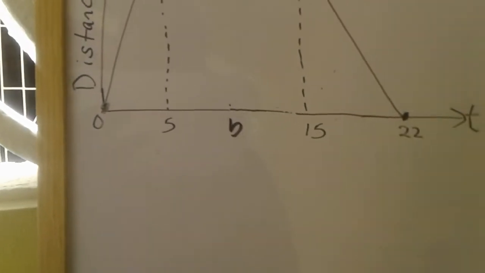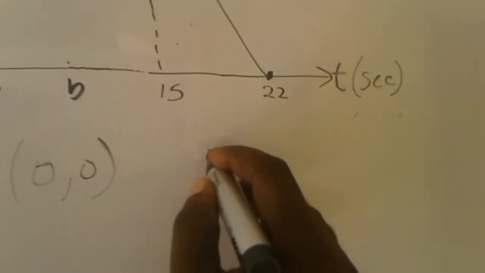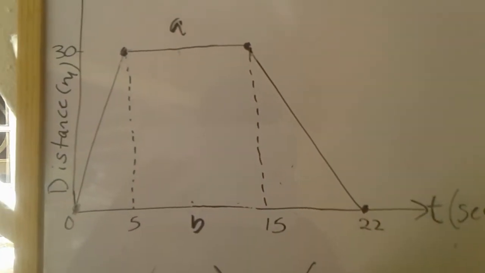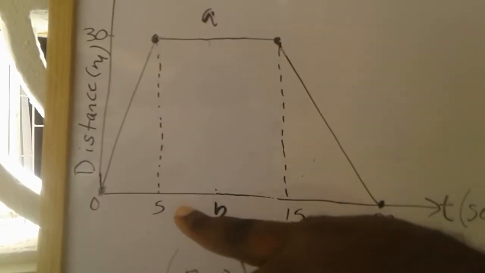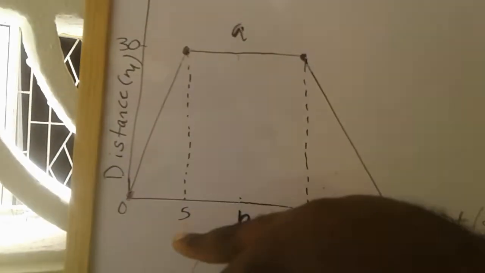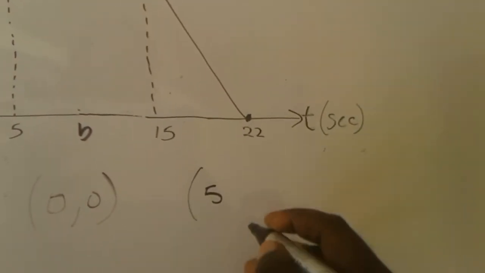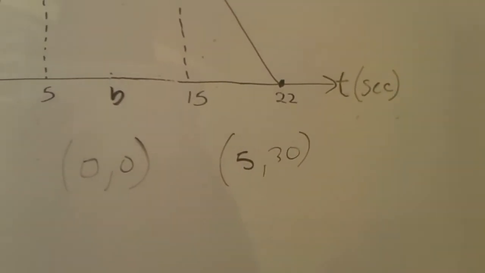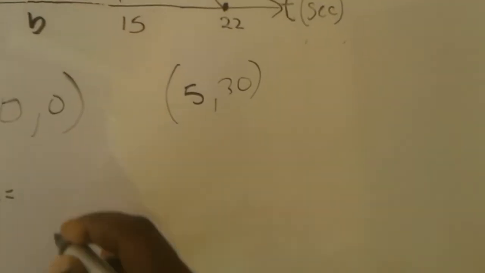It starts at the point (0, 0) and it will end at the point (5, 30). Remember that we read from x-axis to y-axis, so the x value would be 5 and the y value would be 30. So find the gradient using those 2 points.